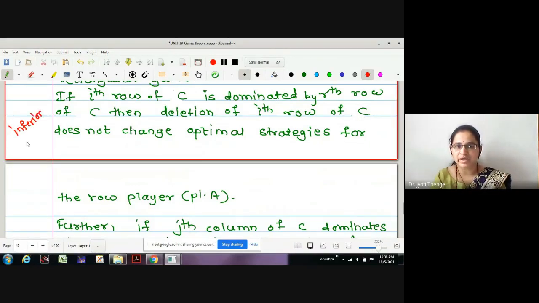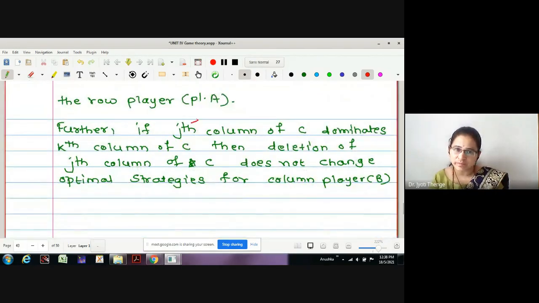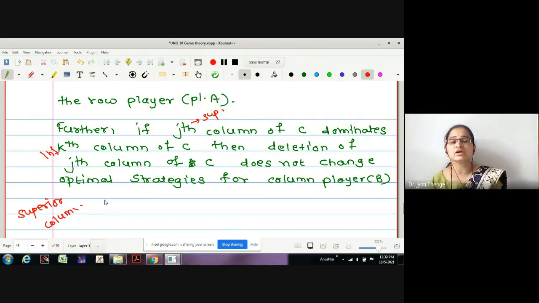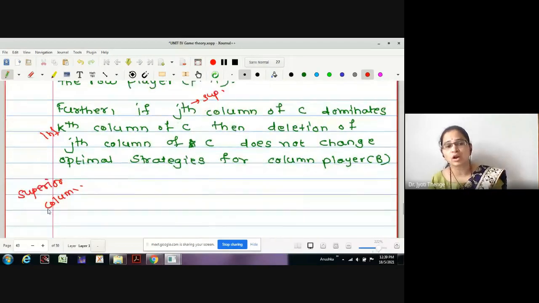In the case of columns, if the jth column of C dominates the kth column, that is, j is superior and k is inferior, then we delete the jth column, that is, the superior column. Deleting the superior column does not change the optimal strategies. Inferior row is deleted and superior column is deleted.